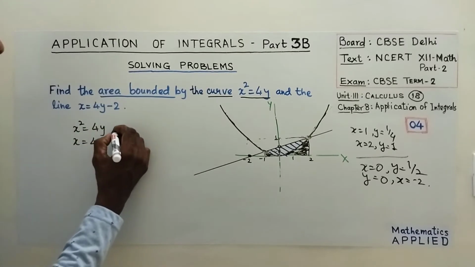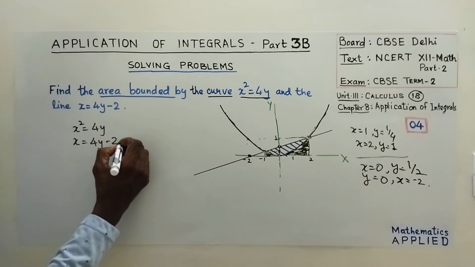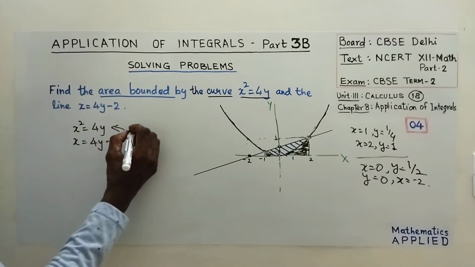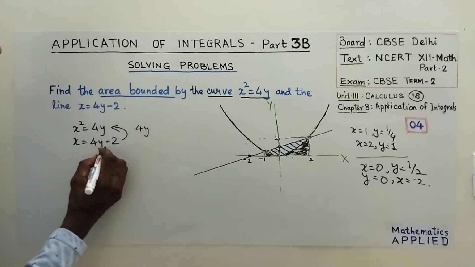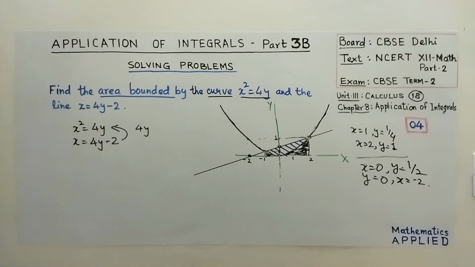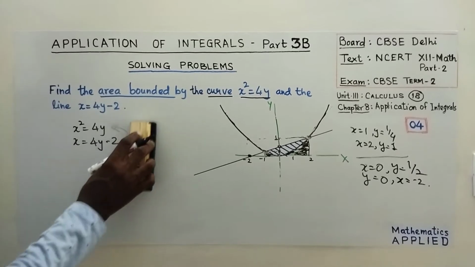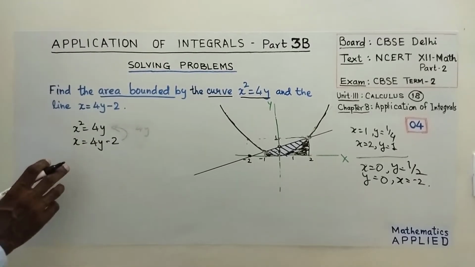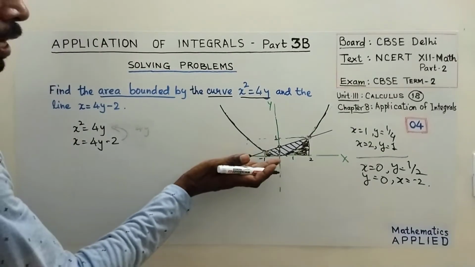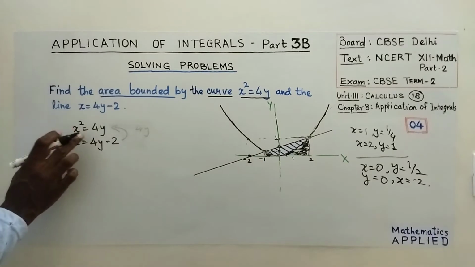Just solve this. So x equals this. Now I will substitute this here. Another thing, when I am solving this, I should concentrate to save time. I must concentrate on the variable which is required. I am going to take about the x-axis, so the x value is more important for me, so I will eliminate y.